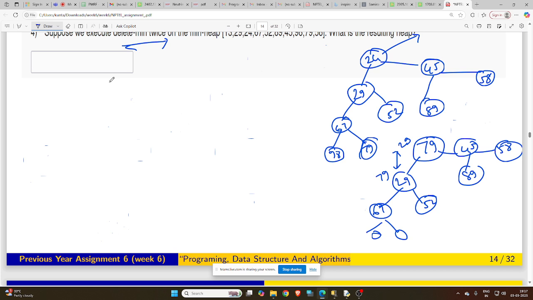Yeah, so if I just write here 29, then this will be 79 and then 45, which is fine, and as 45 is unchanged, all the things will be the same.